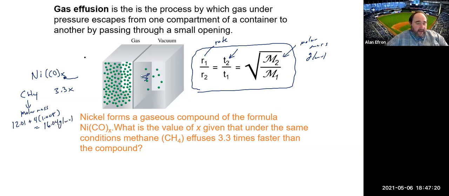The molar mass of this compound, I'm not sure, because we don't know what X is. But we do know that if we call CH4 M2, then the rate of CH4 will be R2, and it will be 3.3 times faster than R1.